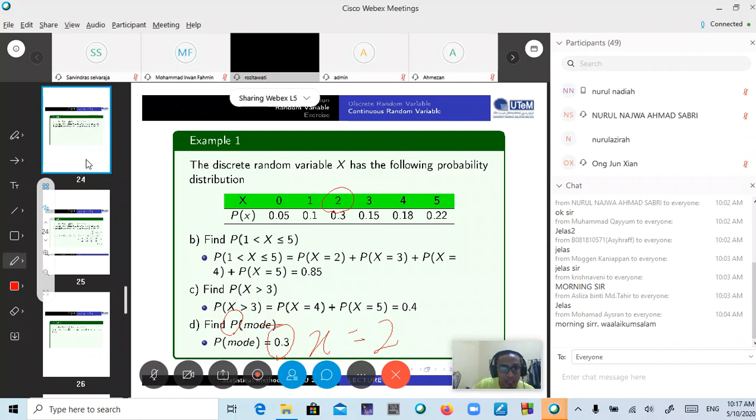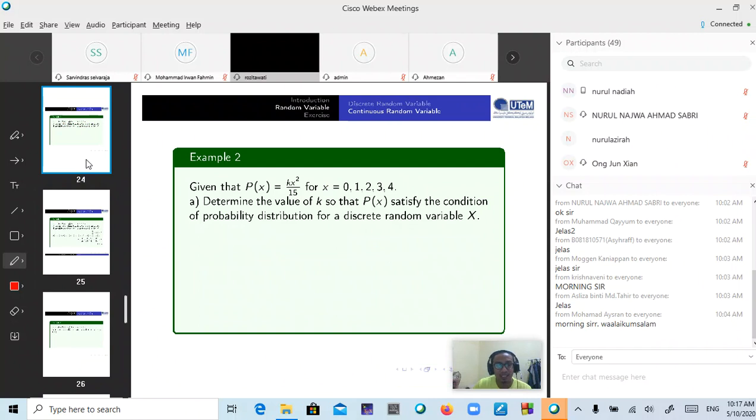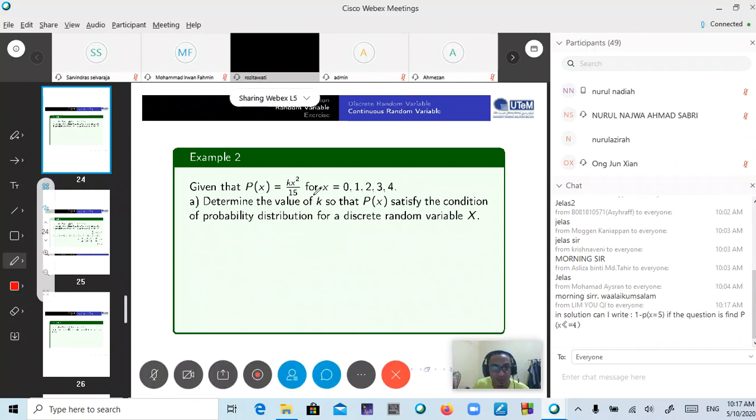Okay, example 2. Example 2 is given to you in terms of an equation. Before this, it was given in terms of a table. So when it is given in terms of an equation, you must construct it in terms of a table. The first question: determine the value of K so that the probability of x satisfies the condition of a probability distribution for a discrete random variable.